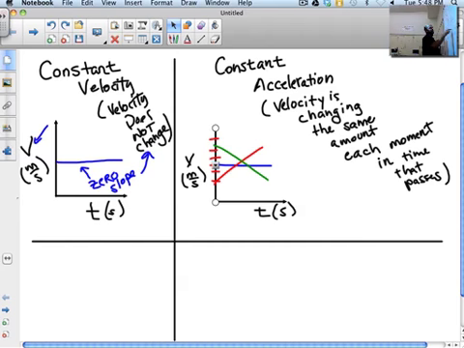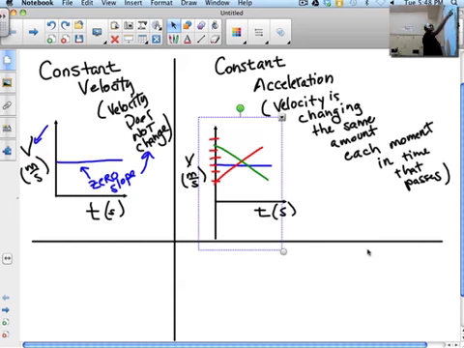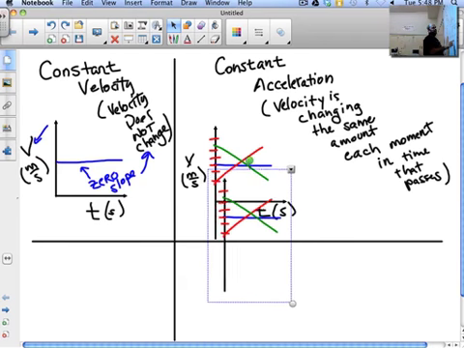Now, we could do the same set of graphs down below. Let me group these together, and I'll clone them and put them down here.